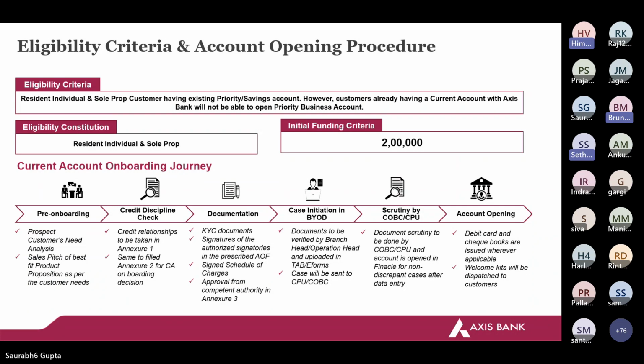Sorry, it is restricted to individual and sole proprietor. And like Saurav has mentioned, the initial funding criteria for a CA PBG account is 2 lakhs, which is mandatory.